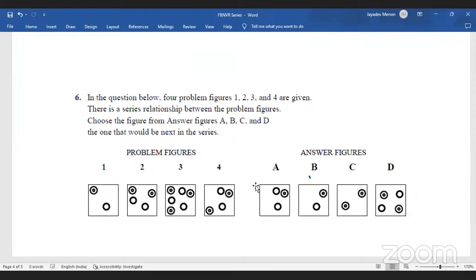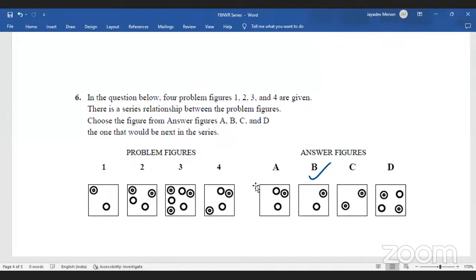So if you are looking at the problem figures, in the first figure, we have 2 circles with different markings. In figure 2, we have a total of 4 circles. 2 circles have the same marking and the other 2 circles have the same marking.